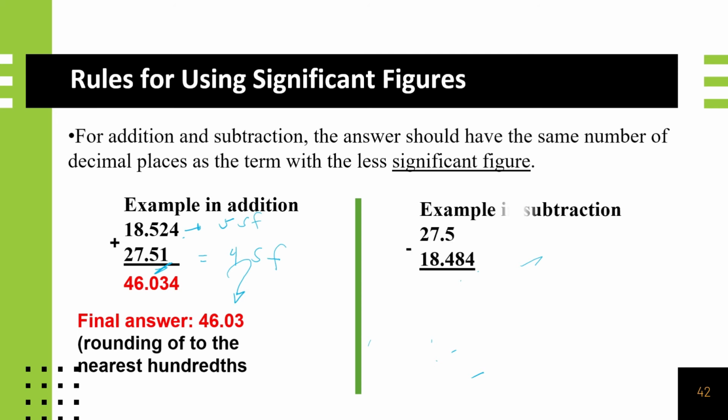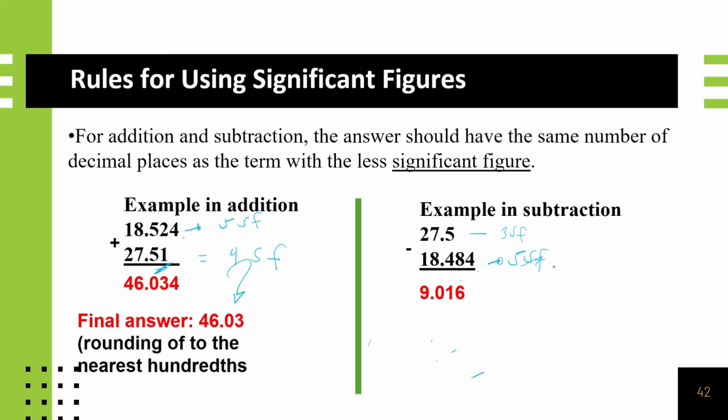Next, in subtraction, we have 27.5 minus 18.484. Again, please look at the significant figures. This is 3 significant figures and this is 5 significant figures. So, let's subtract. That gives 9.016. Okay?